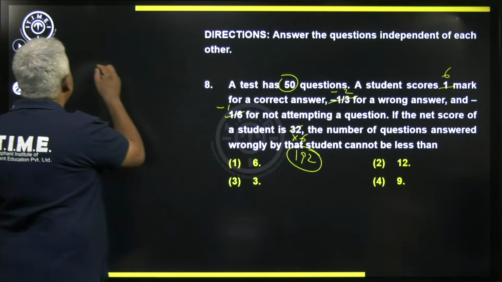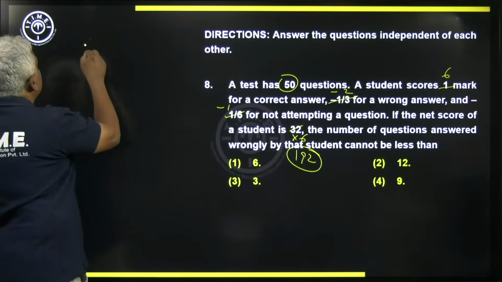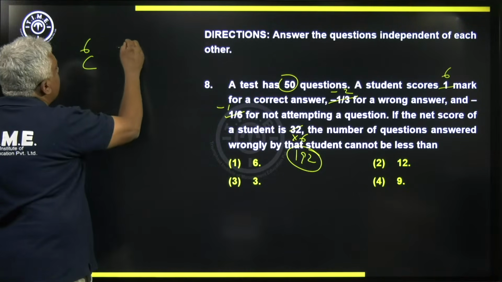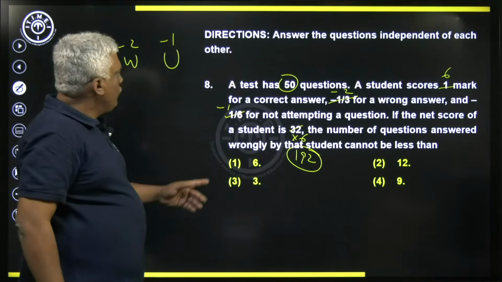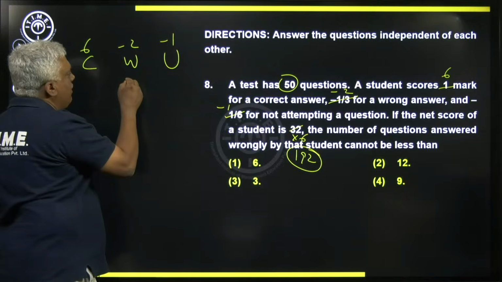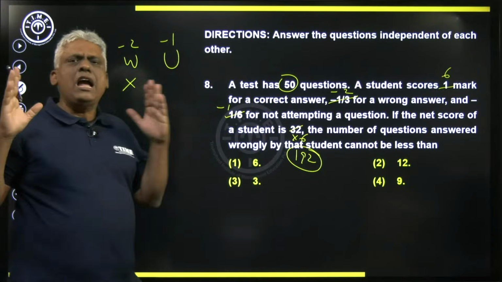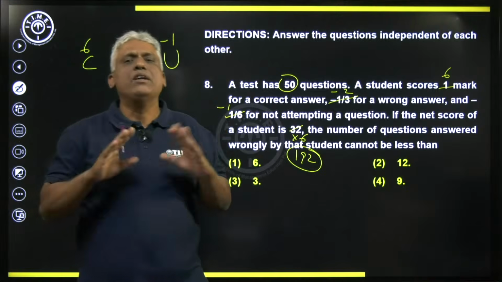Now what we can see is, for the correct he is getting 6 marks, for wrong he is losing 2, and for unattempted he is losing 1. Now total 50 questions. We have to minimize the wrong questions. Let's say I'm trying to bring it to zero, he is making no wrong question. Minimum zero.